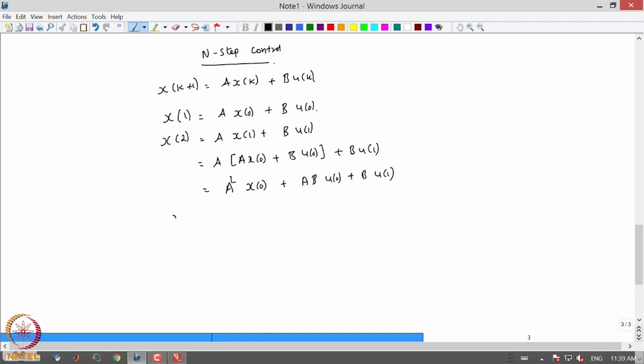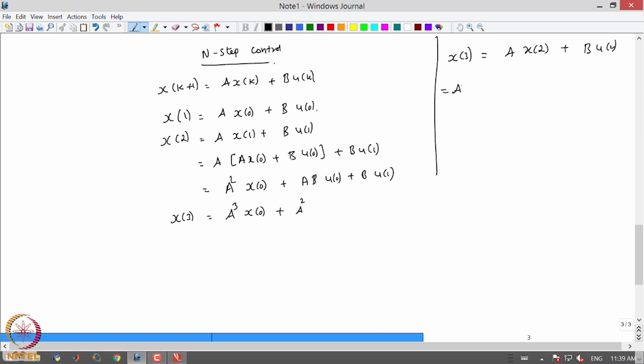Similarly, I can write x of 3 is A x2 plus B u2.